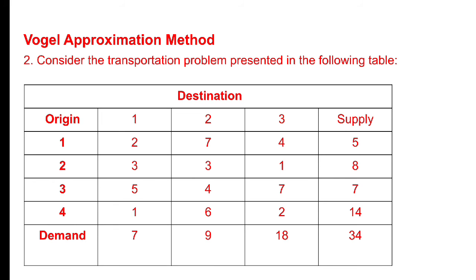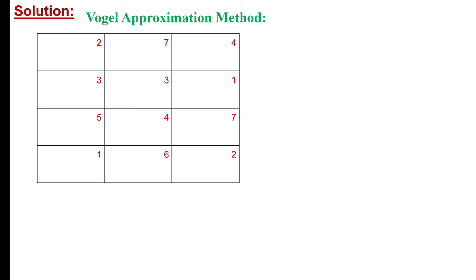We need to find out the penalty. Penalty has to be found for each row and each column. What is the difference of the two minimum values? First row: first minimum is 2, second minimum is 4, so the difference is 4 minus 2, 2. Similarly, second row: first minimum is 1, second minimum is 3, 3 minus 1 equal to 2. Third row: first minimum is 4, second minimum is 5, 5 minus 4, 1.